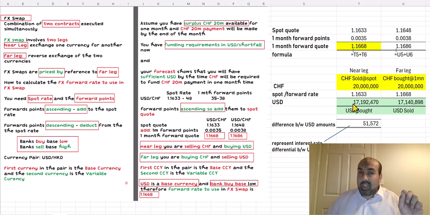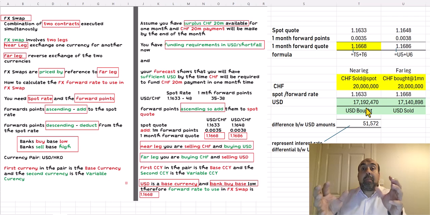When you divide 20 million surplus CHF by 1.1633, you get US dollar 17.19 million. So we have sold 20 million CHF and we have bought US dollar 17.19 million.